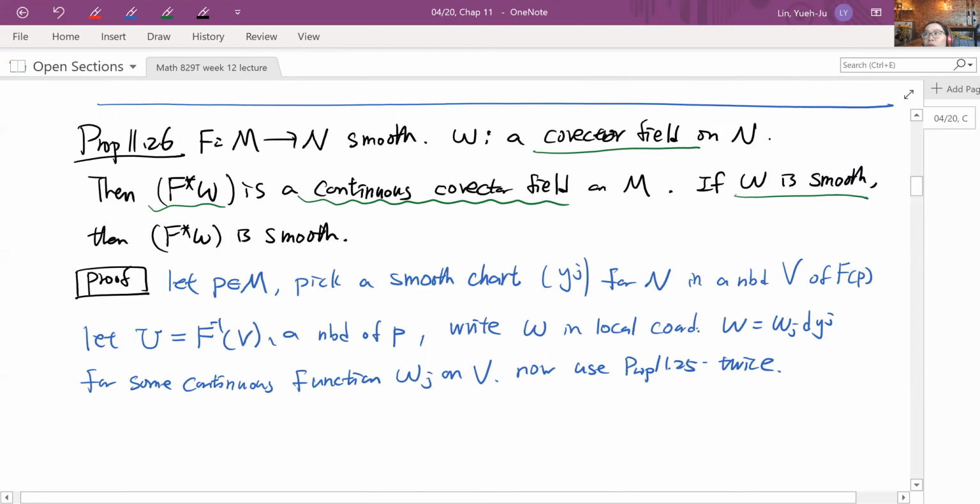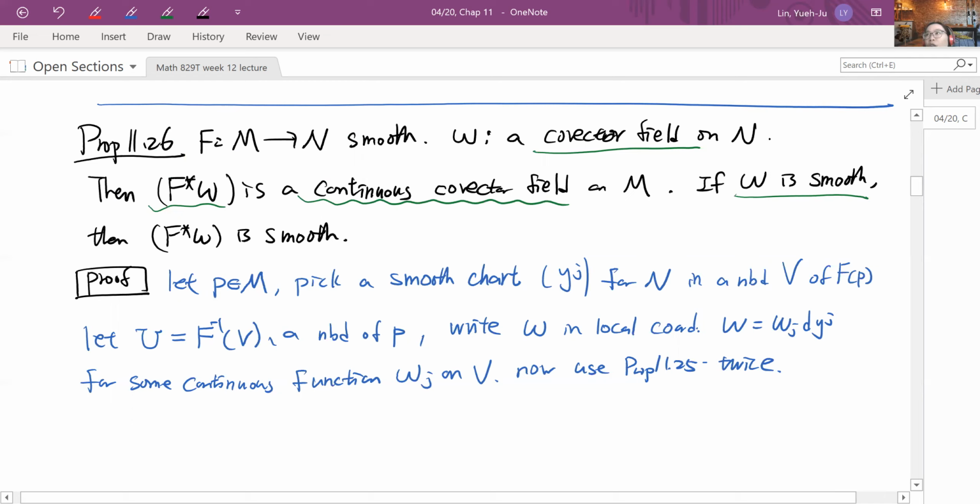In each coordinate chart, you can write W as, for example, some component function Wj times dyj or dxj, depending on the coordinate you use. Then by knowing whether the component function is smooth or not, that's how we check whether the covector field is smooth or not. So we do the same thing.